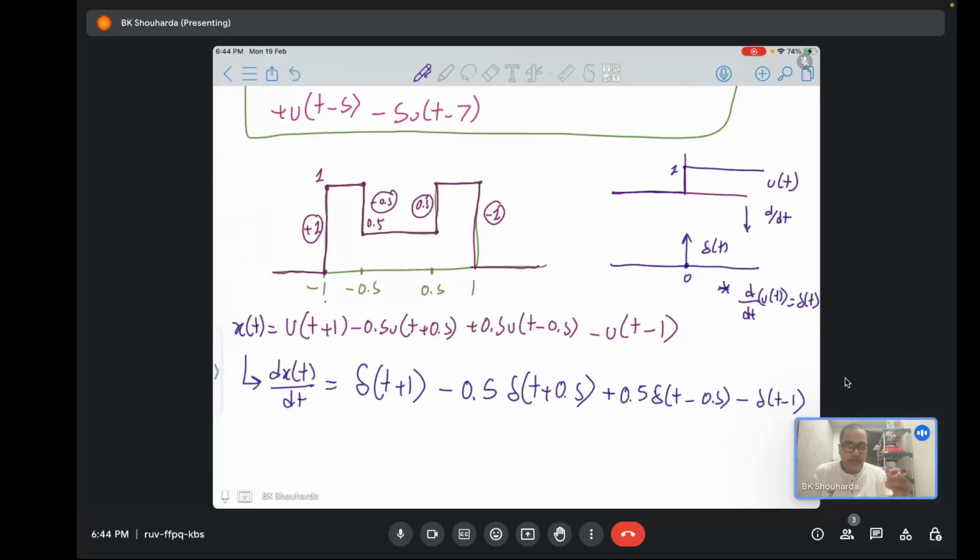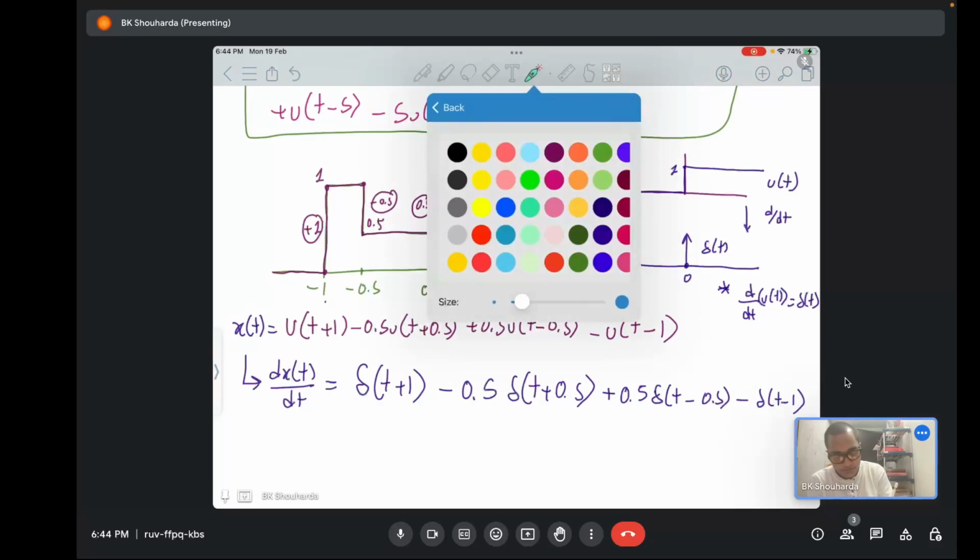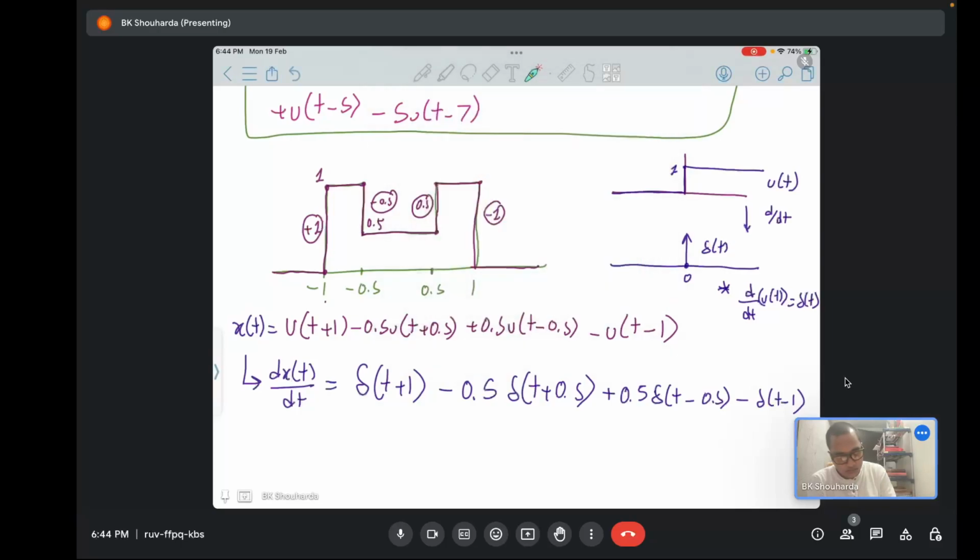Alright, so delta, if you look at it very carefully, shows sudden changes. If you look at this unit step, it stays at 0, and suddenly there is a jump. Okay, there is a sudden jump over here, and then it remains constant. The location of this jump is indicated by the position of this delta t. What am I saying?